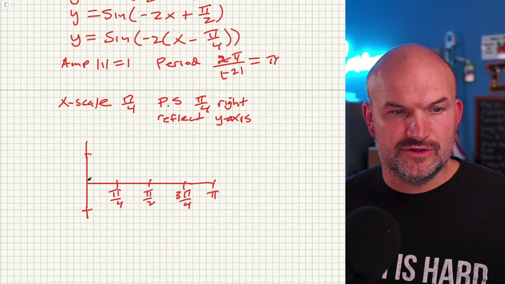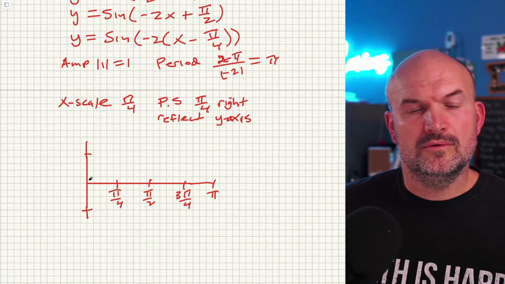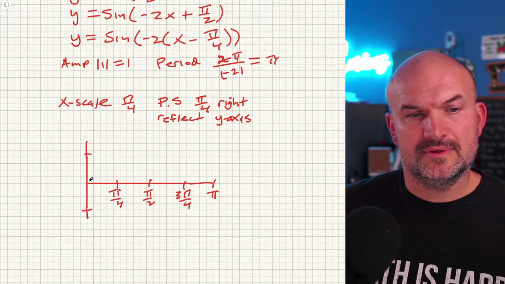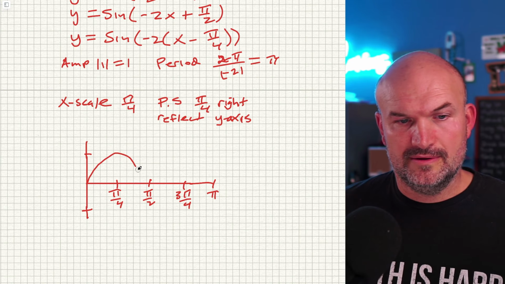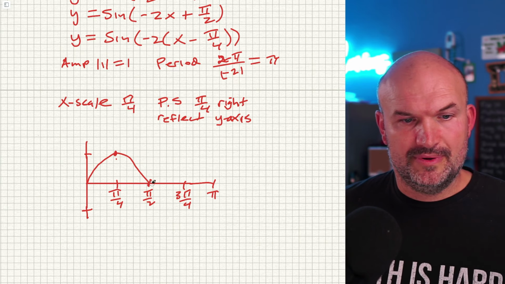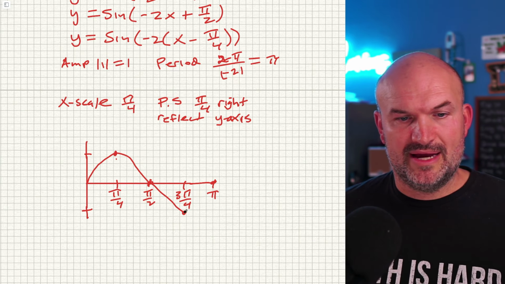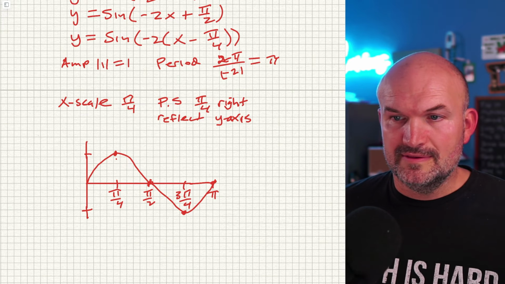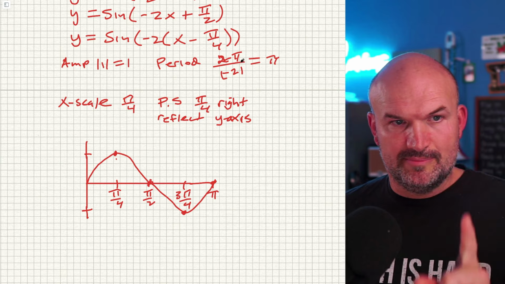And then what I'm going to do is for each transformation, I'm just going to use a different color. Okay, so here's our sine, right? Because we know we go up, we go down, we go farther down, and then we go back up. All right. Then, so there it is. There's the x scale, the period.